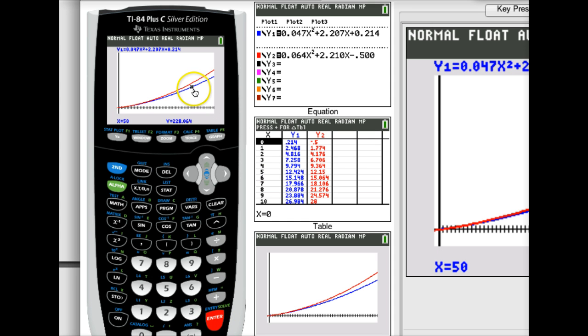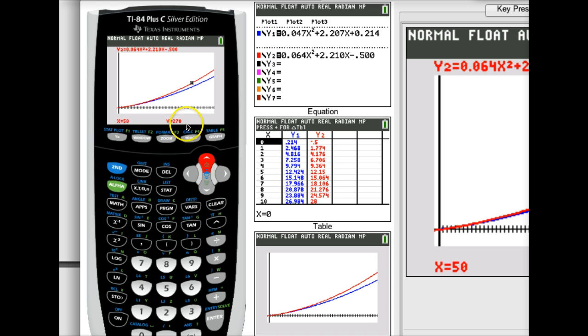So on the car data, this answer is just very slightly off from what I did myself because I rounded it when I plugged it in. So here I got 228.064. Really, when you paste it, you get 228.429.